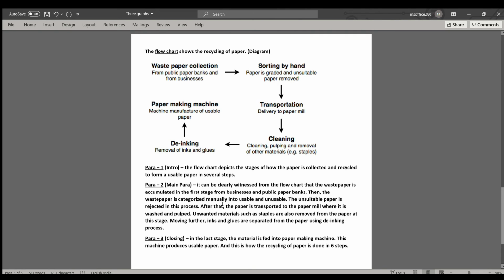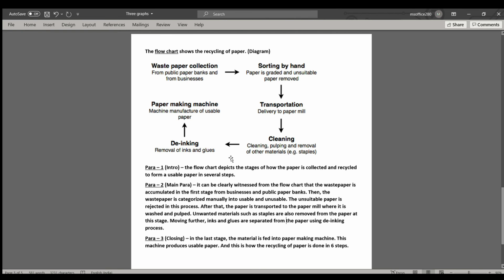So moving further, inks and glues are separated from the paper using de-inking process. Now we are on to the last stage. So we have to mention, in the last stage, the material is fed into the paper making machine. So the material that goes from the de-inking process goes into the paper making machine. So this machine produces usable paper.